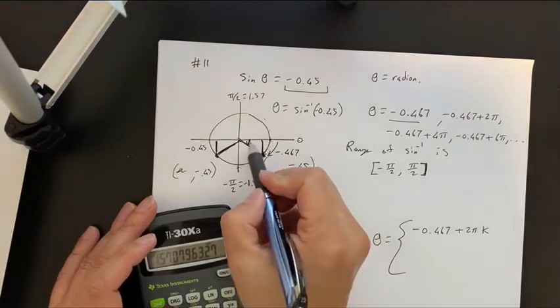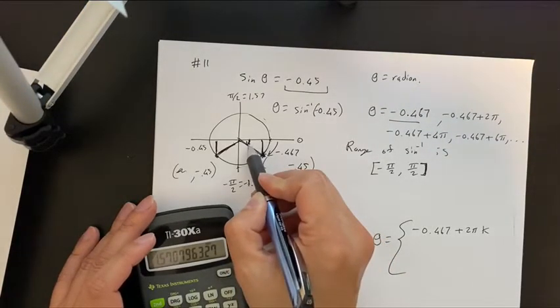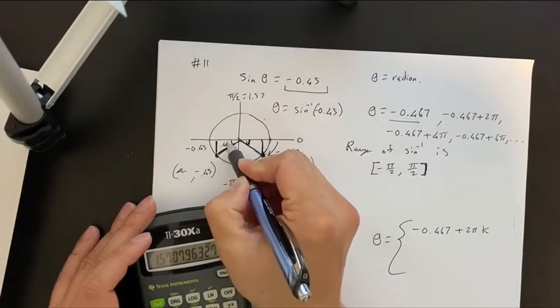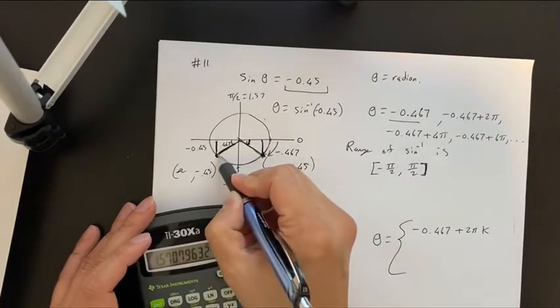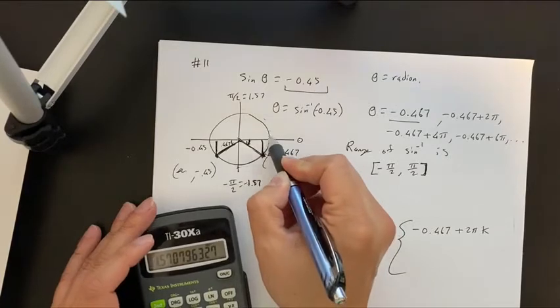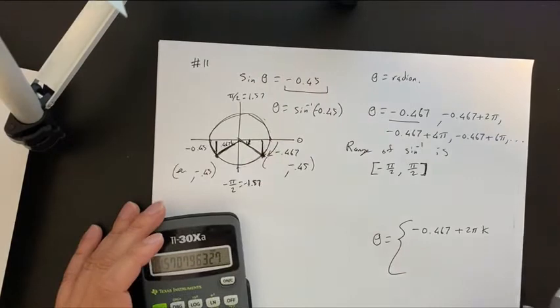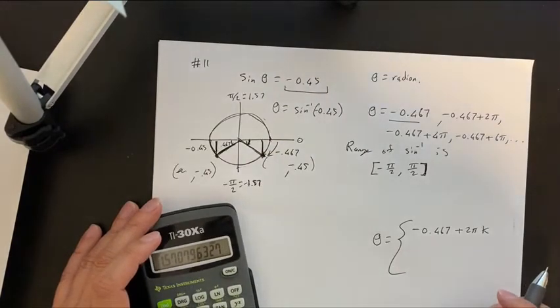Okay, so the reference angle is 0.467. That means that the reference angle for this guy is also 0.467. So in order to get to this position, what I have to do is go pi and then another 0.467.